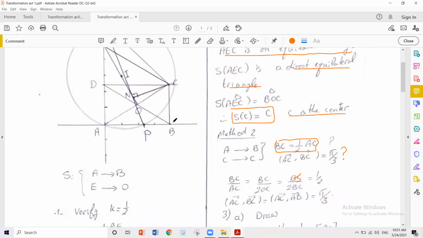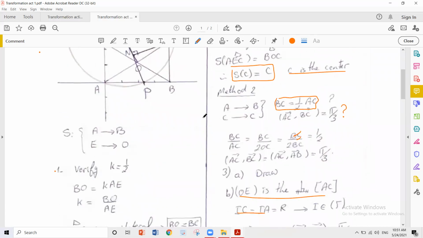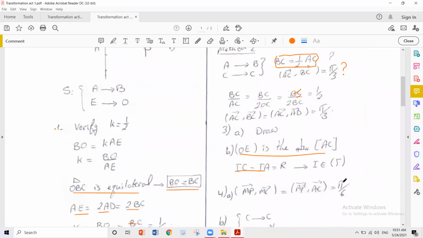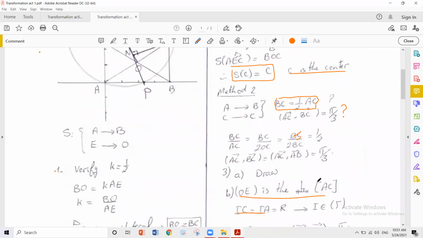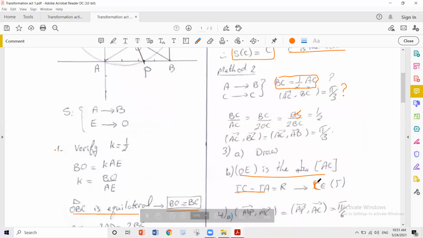So I belongs to the circle. Excuse me, C belongs to the circle. Not I, here we say C. C belongs to gamma.